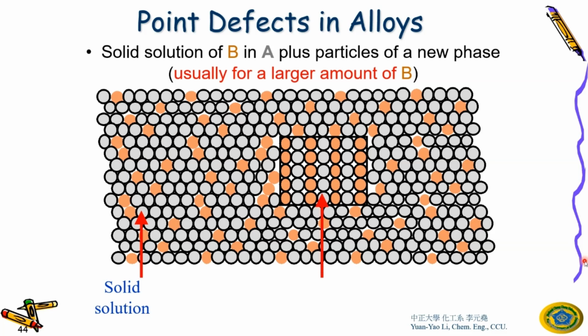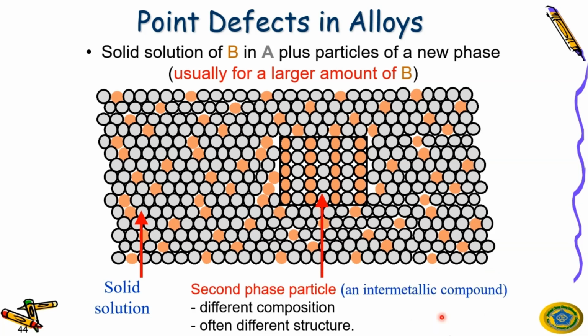Okay, and it is called a second phase particle, because as you can see, B and A pack very well in order, and this means that this is a new phase. Once we found out that B and A form a new phase, this is what we call an intermetallic compound.